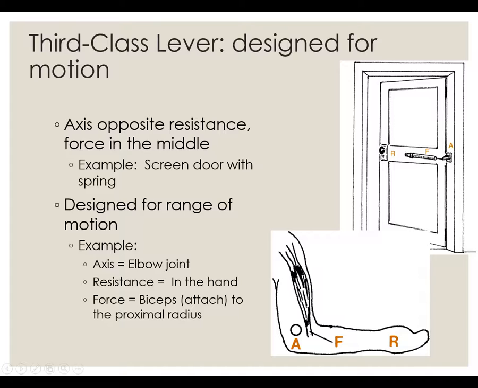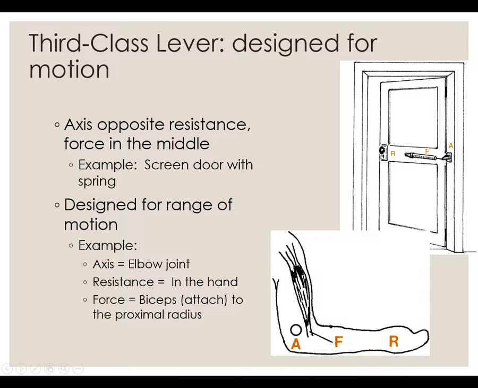If you were to hold a weight in that hand, you could do that, but in this case, the hand is just fine as the resistance. The force would be the biceps muscle, which attaches to the proximal radius. In this case, because it's designed for motion, what we are trying to accomplish is a range or a movement. So third class lever is designed for movement.